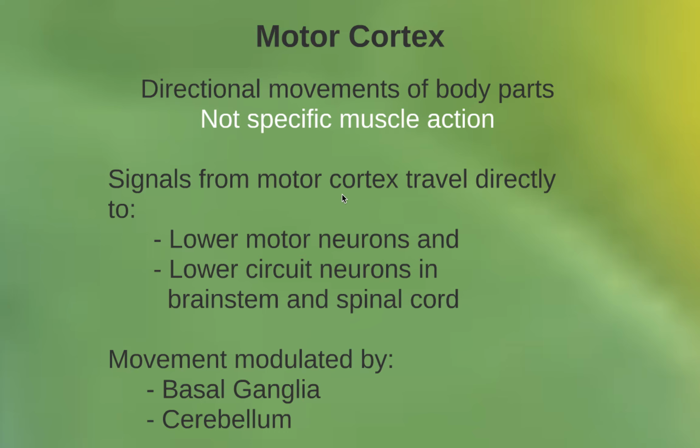It is receiving information and then directly sending out the information to whatever muscle it was told to engage. So these signals travel directly to the lower motor neurons, and obviously that's going to happen through the brainstem and the spinal cord. Along its way, as this information is heading down, it has to pass through and be impacted by both the basal ganglia and the cerebellum.